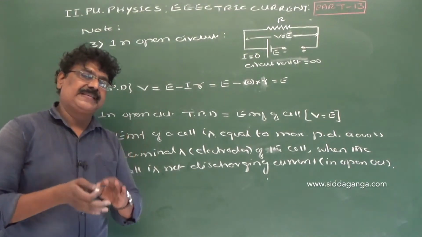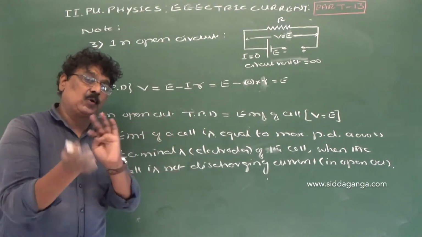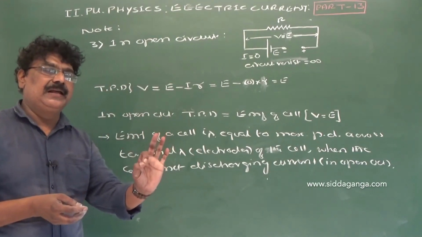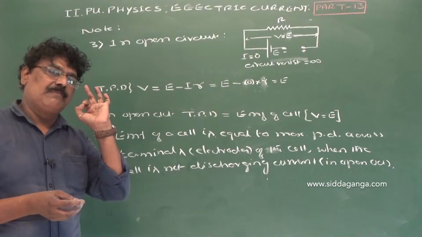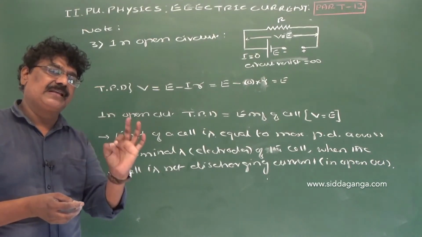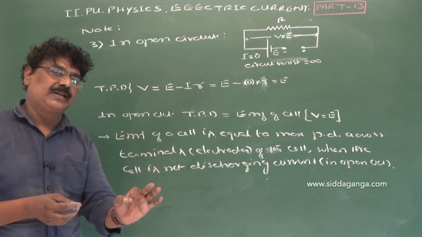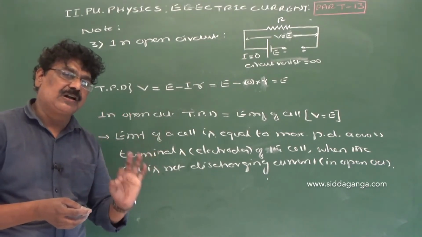So the EMF of a cell can be defined in two ways. Remember that the EMF of a cell is equal to the maximum potential difference across the terminals of the cell when the cell is in open circuit and not discharging current.